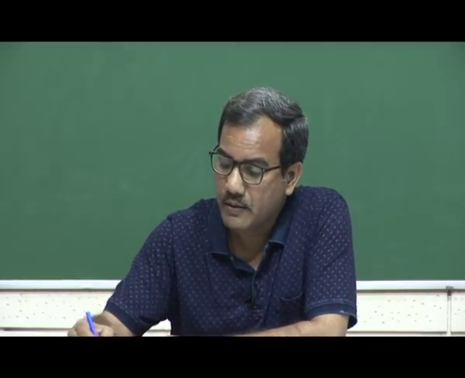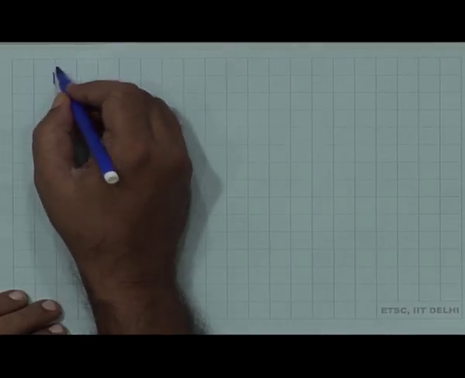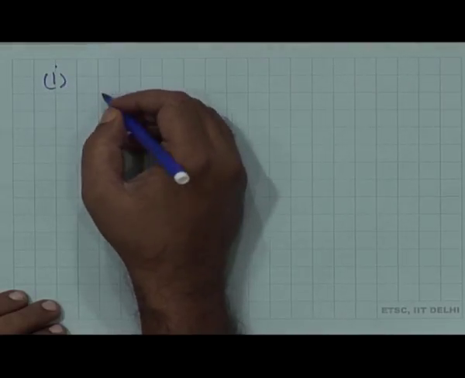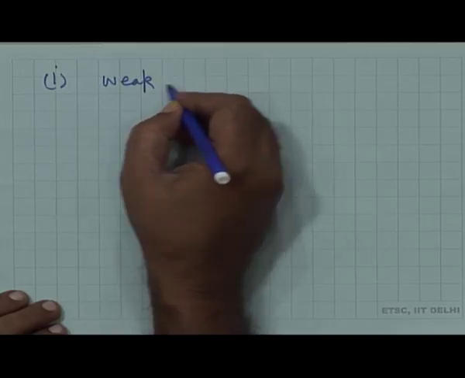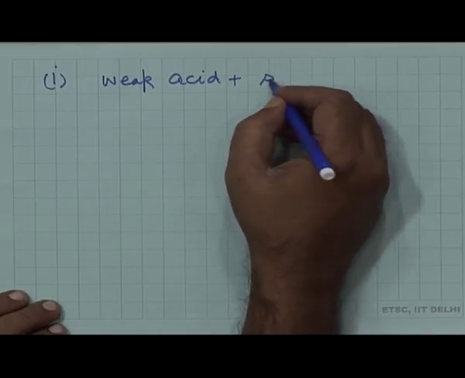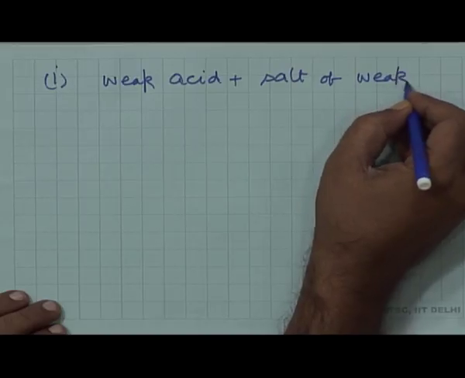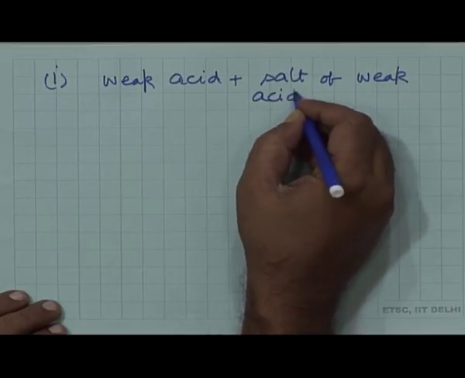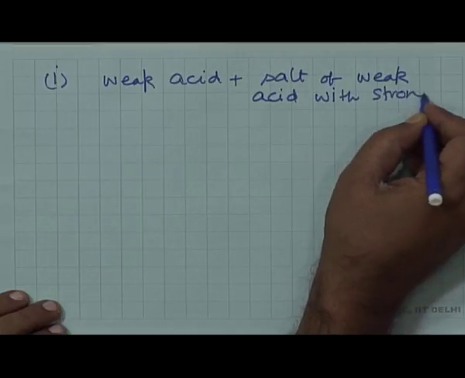There are different types of buffer. First is a weak acid in the presence of a salt of the weak acid with a strong base.